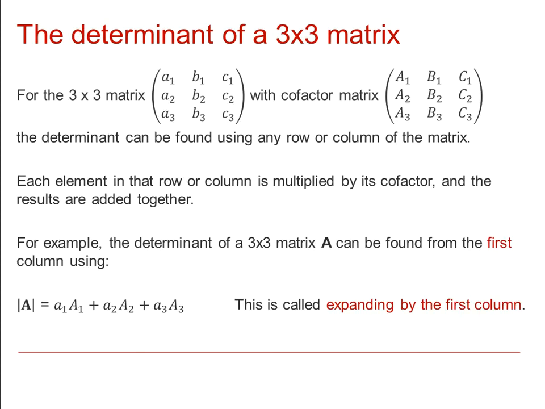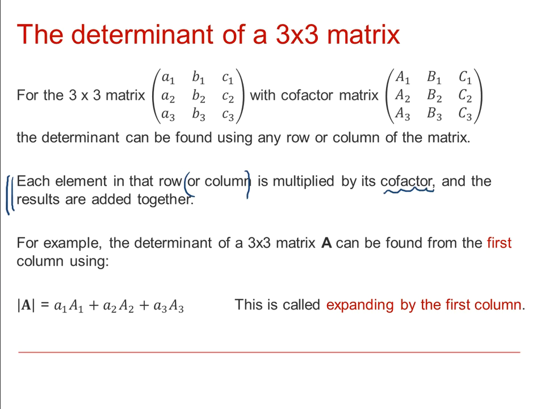The first thing to note is that we can find the determinant by using any row or any column that we like. And to work out the determinant, we take each element in a row or column and multiply it by its cofactor and then find the sum of those.